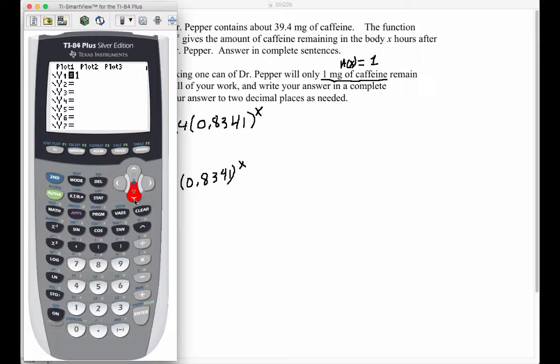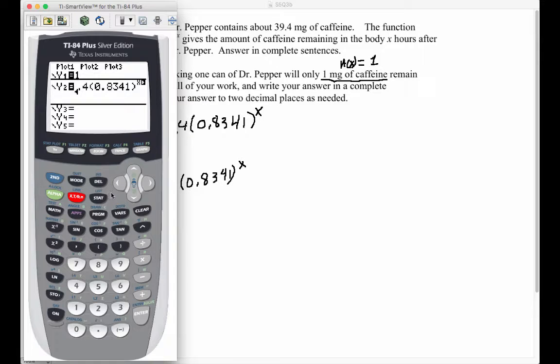And then in y2, we're going to put in 39.4 times 0.8341, close the parentheses, raised to the x power.